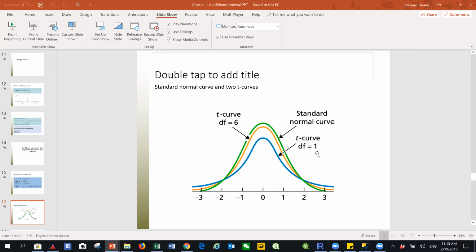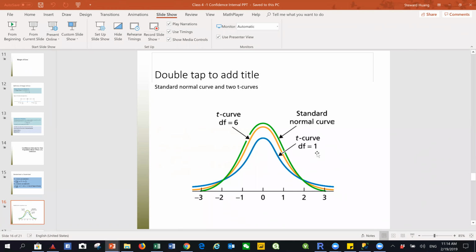That means more variability. When you have a heavier tail, the probability for extreme values is higher, is larger.